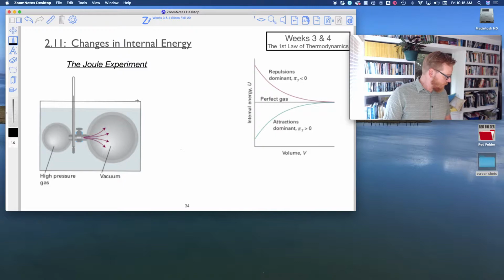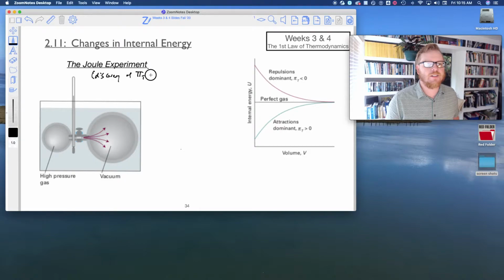So we introduced the Joule experiment, which I will say is the discovery of this pi T parameter. Oh, that doesn't look like pi T. It looks like a hashtag.